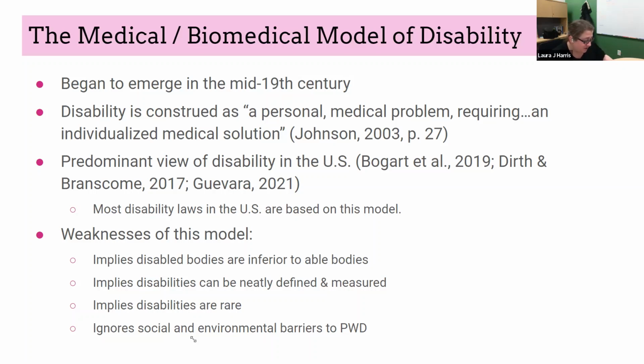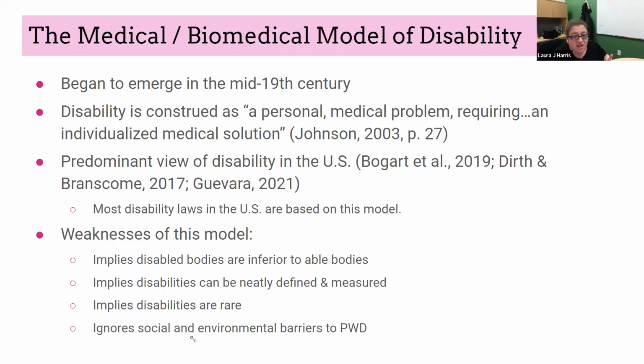And under this model, disability is construed as something personal, where you have a solution that either sort of nullifies the issue. For example, hearing aids might completely solve a hearing impairment.